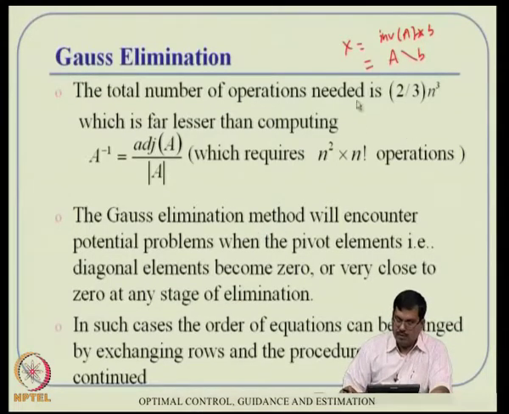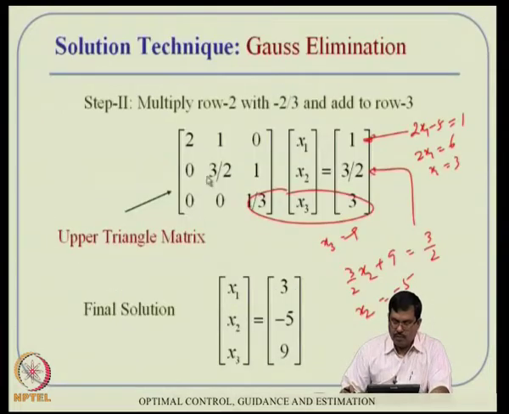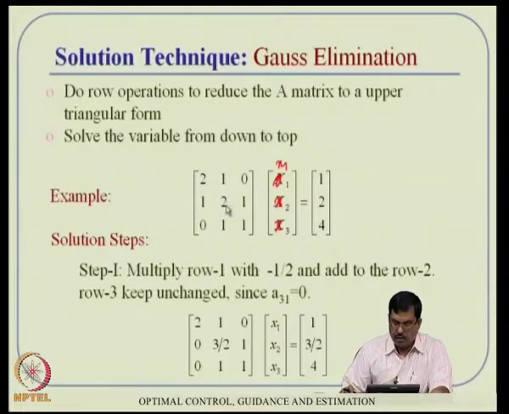Alright, all is well here, but see some problems. The first problem is that the Gauss elimination method will also encounter problems if the pivotal element happens to be 0. I mean, suppose one of the diagonal elements is 0 now.